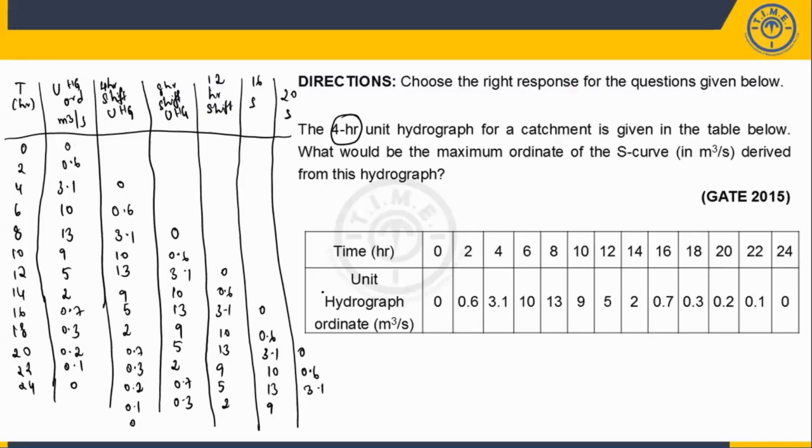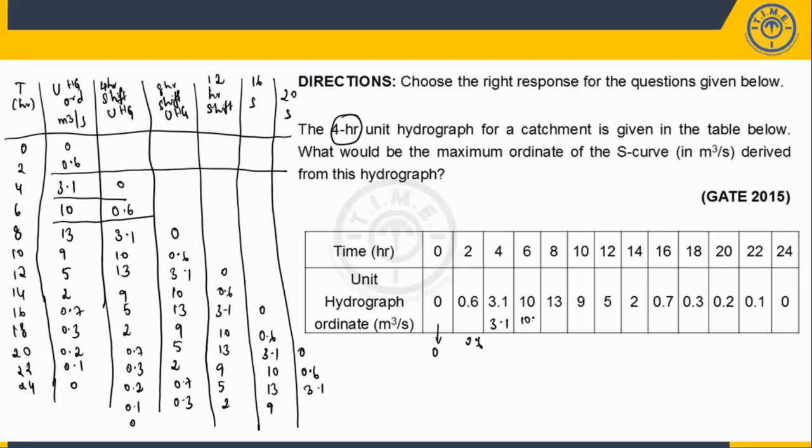S-curve coordinates I want. Summation. What is the summation at 2? 0. What is the summation at 2 hours? Sum up all these things. 0.6. Next? 3.1. Next? 10.6.